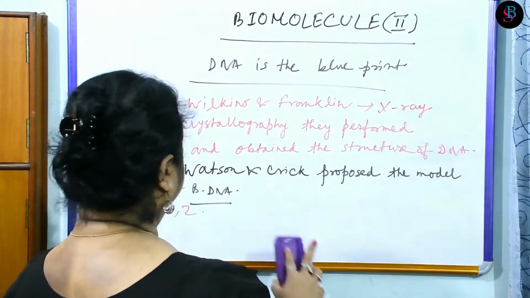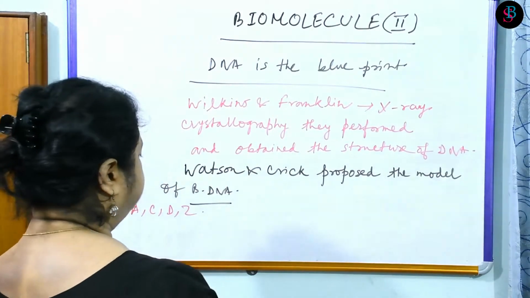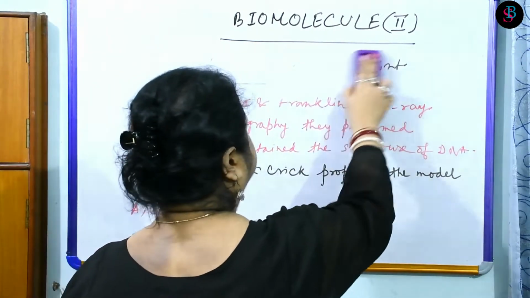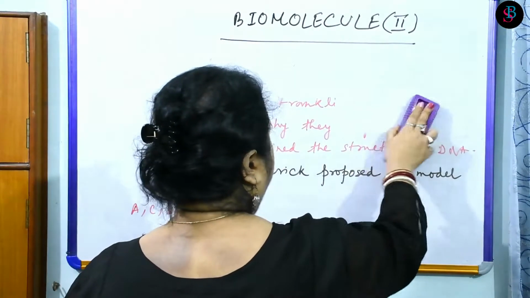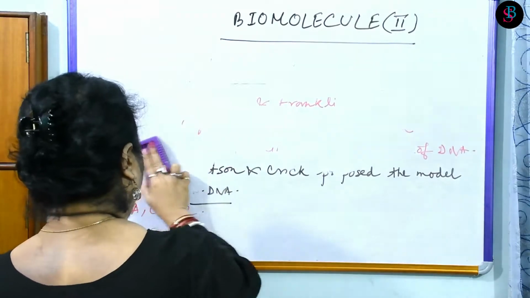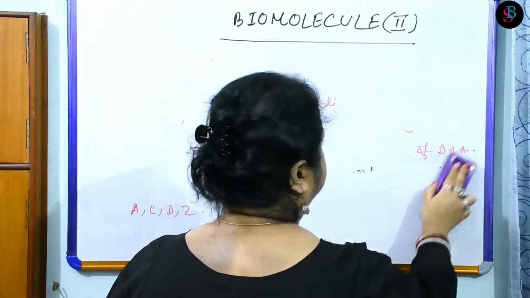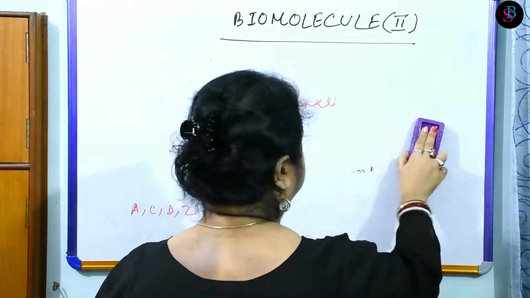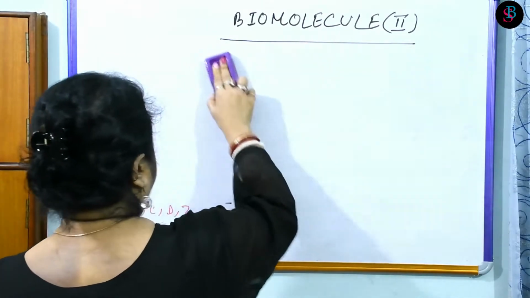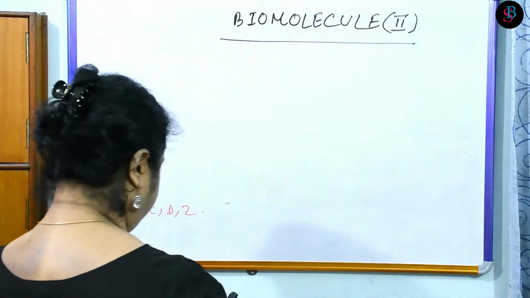Now listen about what B-DNA is and how it differs from the other types of DNA. In case of A-DNA, the number of base pairs is different from B-DNA. B-DNA is the standard one and the most abundant and popular DNA, and B-DNA has a base pair number of 10.